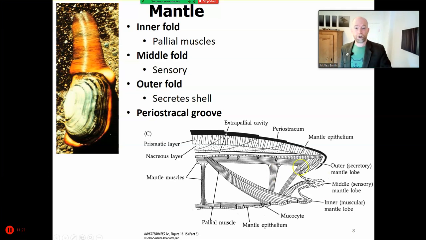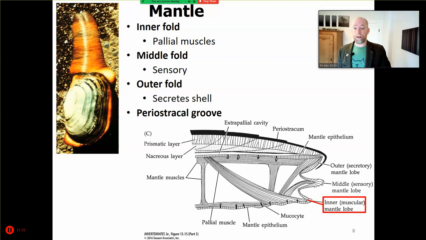That's what's secreting the shell, the periostracum. We've also got the three layers of shell, the nacreous, the prismatic, and the periostracum, so from proteinaceous to prismatic. We saw prismatic, remember, with limpets with photonic colloidal cells embedded there, and then an underlying nacreous, pearl-like layer.